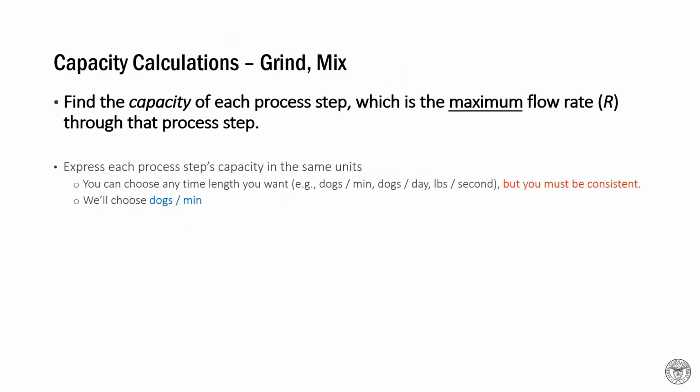To determine the capacity of each process step, which represents the maximum flow rate, R, through that step, we will express the capacity in a consistent unit, specifically dogs per minute.